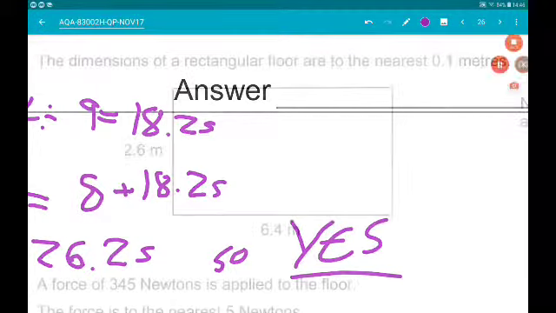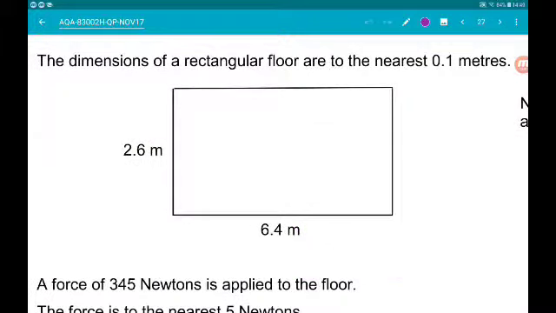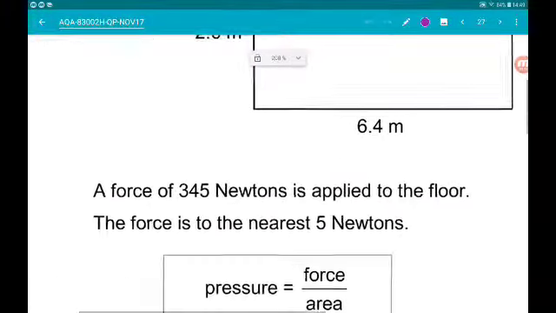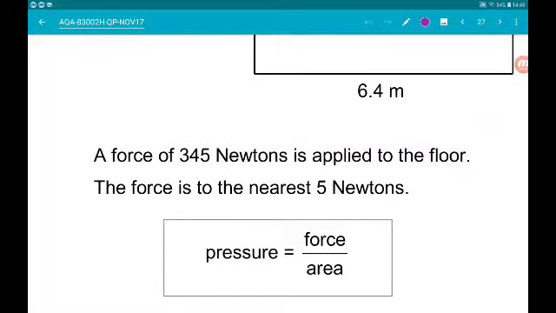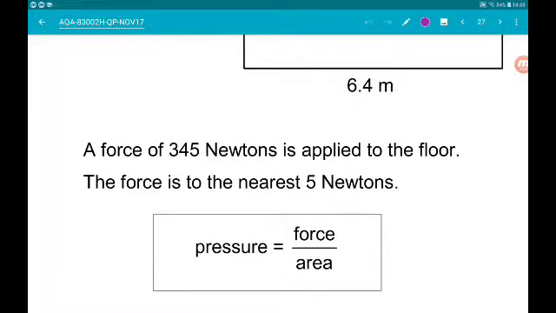Cool. Okay, question 25, we have bounds. So the dimensions of a rectangular floor are given to the nearest 0.1 meters. We're told a force of 345 newtons is applied to the floor.